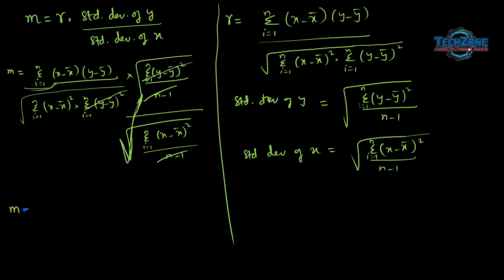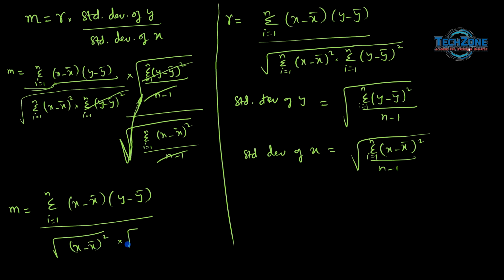So let us rewrite this neatly. We'll have (x minus x bar) and (y minus y bar), whole divided by the square root of (x minus x bar) square multiplied by (x minus x bar) square, two times.